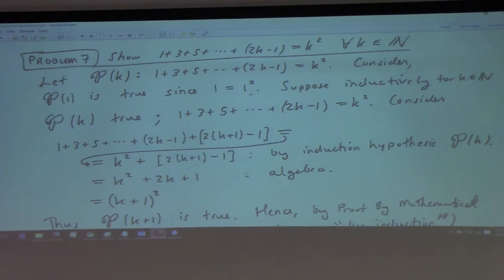And so I've shown that the same sum with k replaced with k plus 1 is equal to k plus 1 squared, which shows us that the statement true for k implies it is also true for k plus 1. Therefore, by proof by mathematical induction, it follows it's true for all k, because we already showed the base step up here. It's true for 1, since 1 is equal to 1 squared. The base step is kind of unexciting, but there it is.